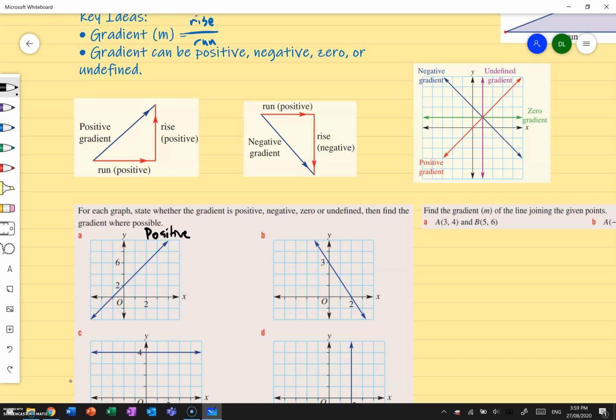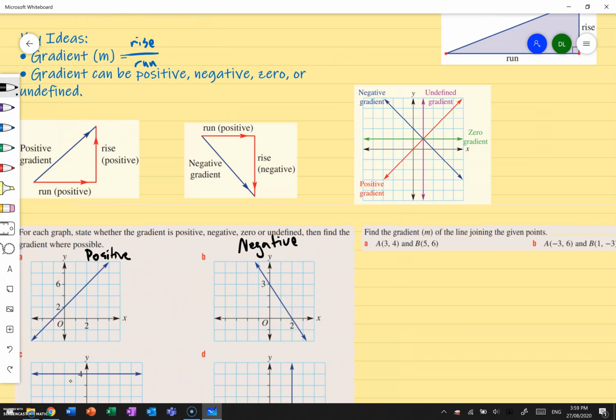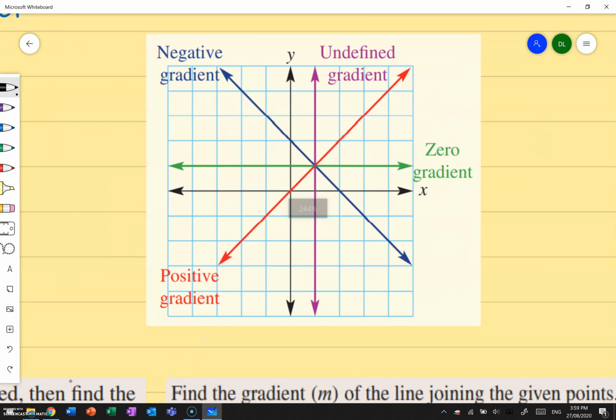Looking at this one over here, as I go from left to right, the gradient's negative because it's going down. If I look over here, you can see the red line's positive because going from left to right it's increasing, and the blue one, the negative gradient, is going down.